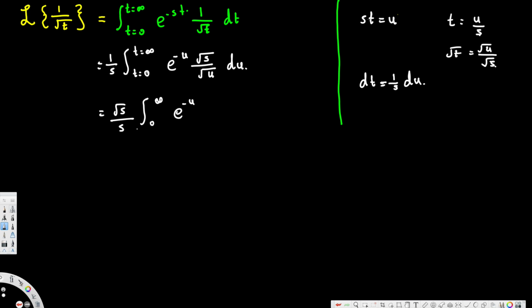And if you plug infinity for t, you will get u also infinity. The limits of integration are u is equal to 0 to u is equal to infinity. And we will have 1 over square root of u right here, du.